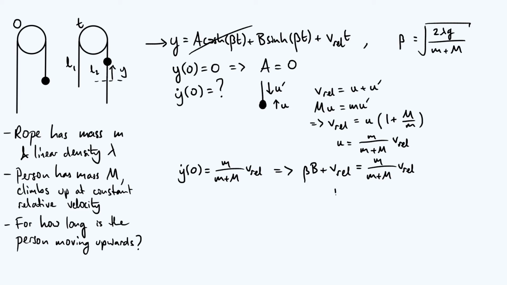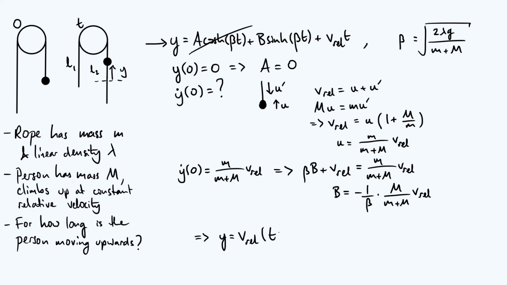If you rearrange this to make b the subject, you will find that it's minus 1 over beta times capital M over small m plus big M times v_rel. So now you know that A is 0 and B is this combination of parameters over here. We're now in a position to go back and plug both of those into our general solution, and you'll find that the specific solution here is, well, you can factor out a v_rel, because that's a prefactor in all of your terms in y.